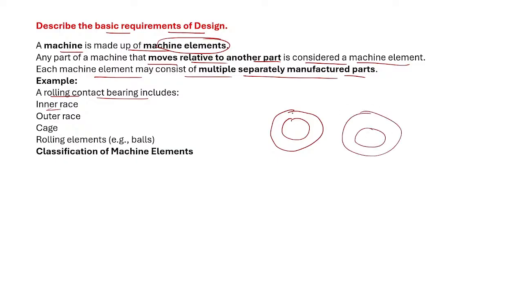There will be a casing, and between them the rolling elements will also be there. The rolling elements could be in the form of balls or cylindrical rollers or taper rollers. All these are examples. You will find the manufacturing technique used for the inner race, outer race, cage as well as the rolling element is going to vary.